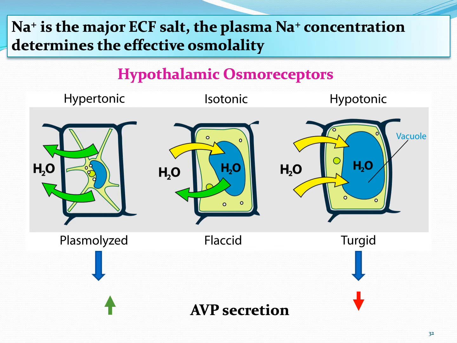In this slide, we are looking at how changes in ECF osmolality affect the hypothalamic osmoreceptors. In conditions of hypertonicity, the water will come out of the cell and cells will shrink and will stimulate the release of AVP. Whereas during hypotonicity, the water will enter the cells and make them rigid and will result in decreased AVP secretion.